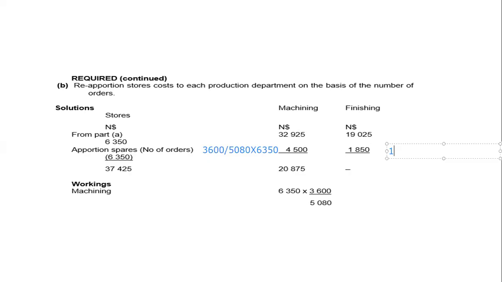The number of orders were this one, divided by the total, which is this, and then multiply it by the overheads for the service department, the total. So that's going to give us 1850. Okay.